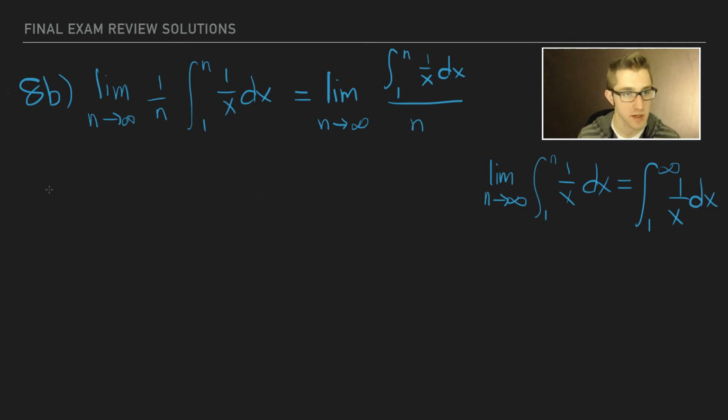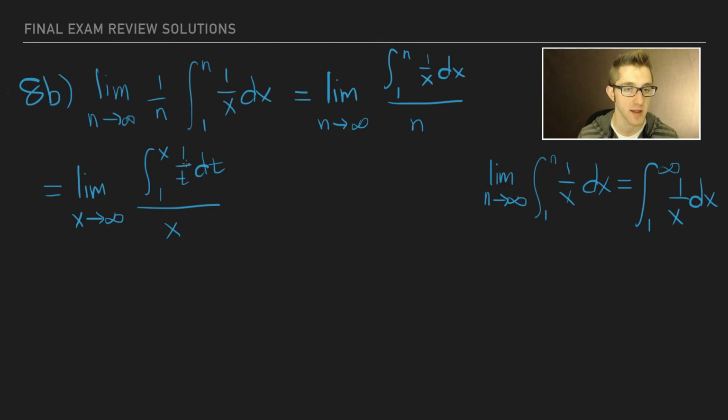Now, to do L'Hopital's rule, we're going to take the derivative of the top and bottom with respect to n. If you really want to, you can write it with x as a continuous variable, the limit as x goes to infinity, the integral from 1 to x of, and then you have to use a different variable, say 1 over t inside the integral, and then we have x on the bottom. You don't have to do this, but the reason I'm writing it this way is to make it clear that when we're taking a derivative, this should look familiar.